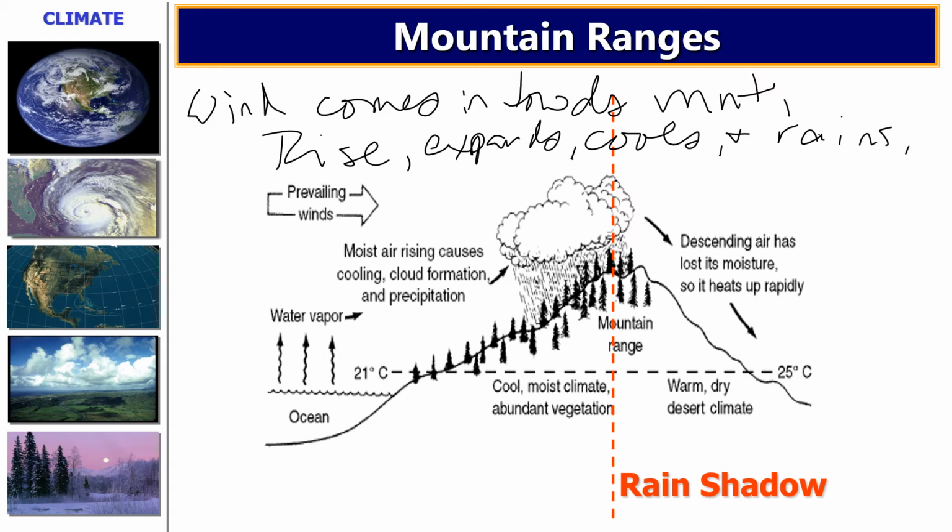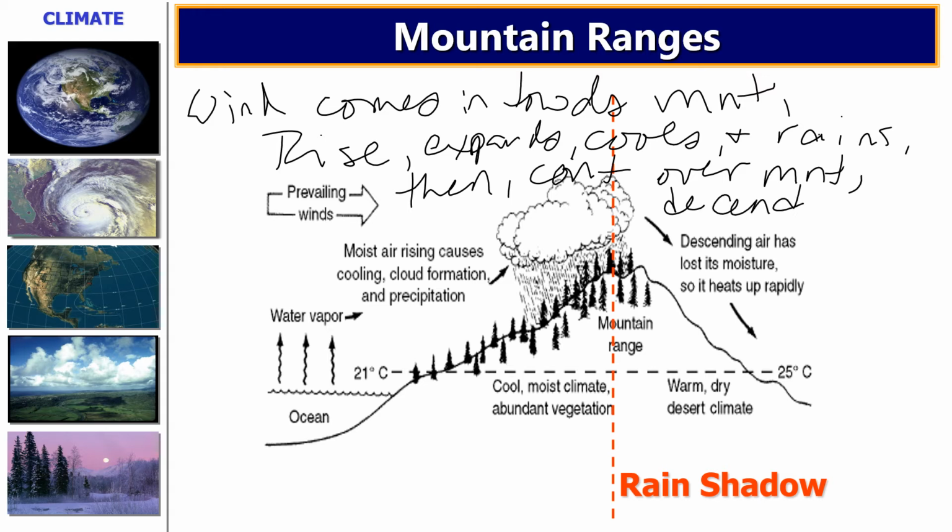So that gives us our windward side. That's cool and wet. Then it continues over the mountain. It descends, compresses, and is dry. So we get deserts.